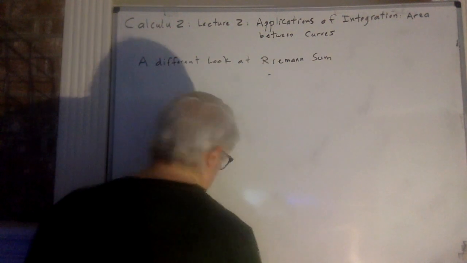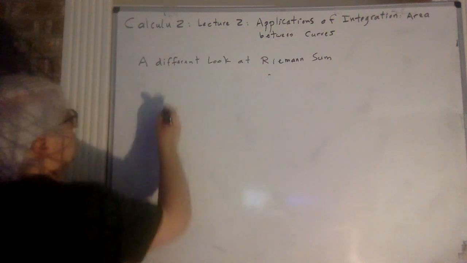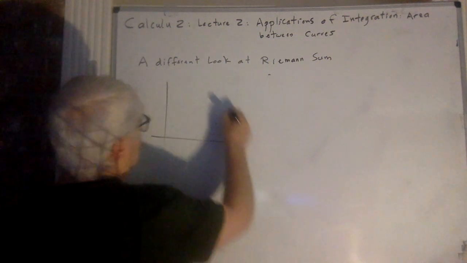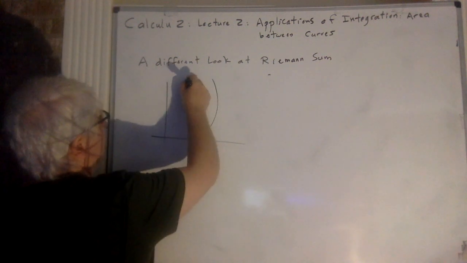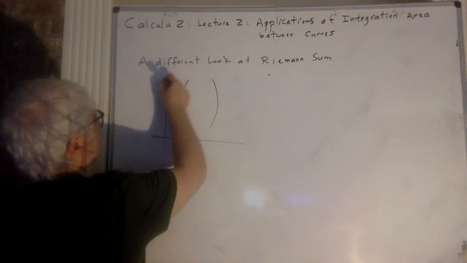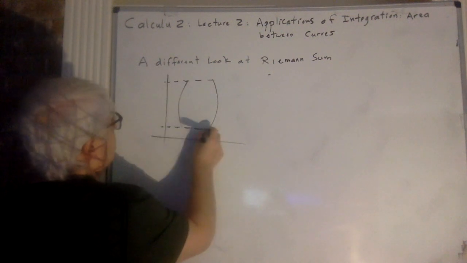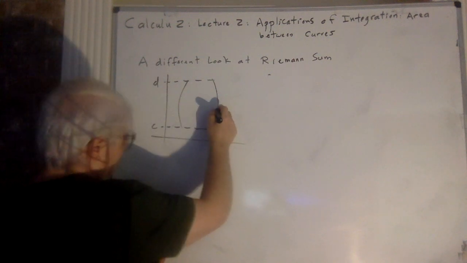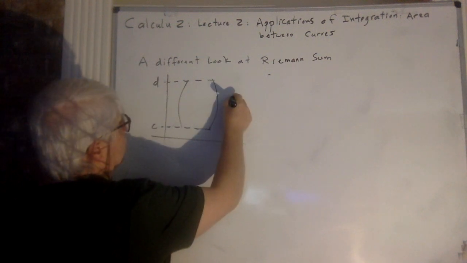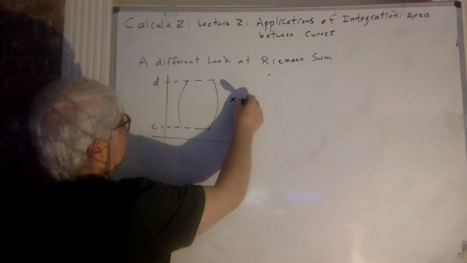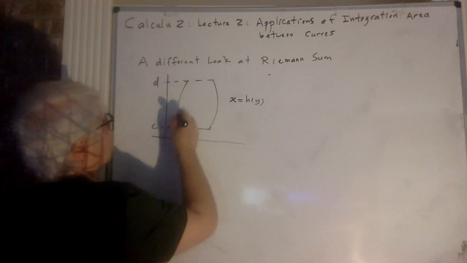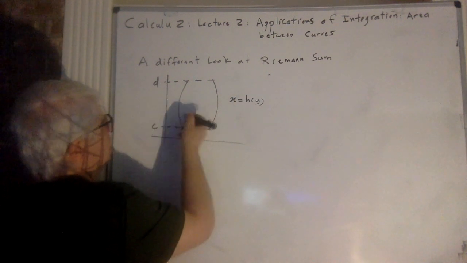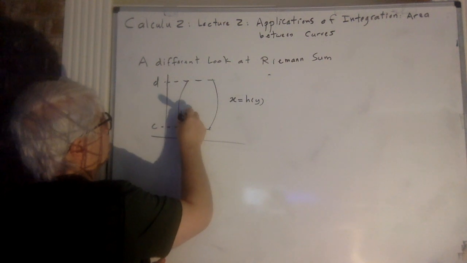So in this situation, we have a picture like this. I have this and this, and let's say it goes from C to D, and this is the graph of x equals h(y), and this one is x equals k(y).